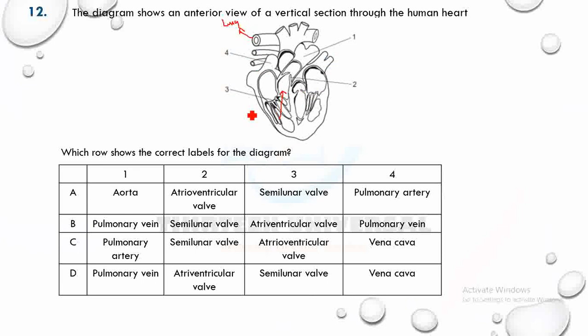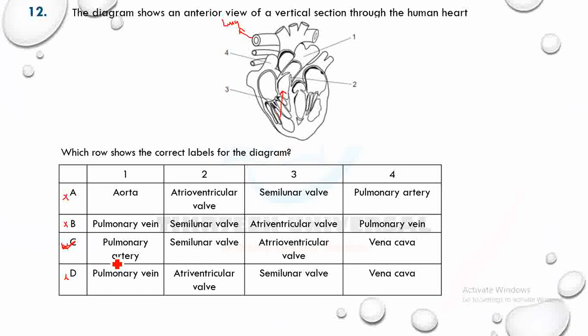So 1 is the pulmonary artery, not a vein. C is the pulmonary artery, so we don't need to go on. That means the answer should be C, because no other option has pulmonary artery.